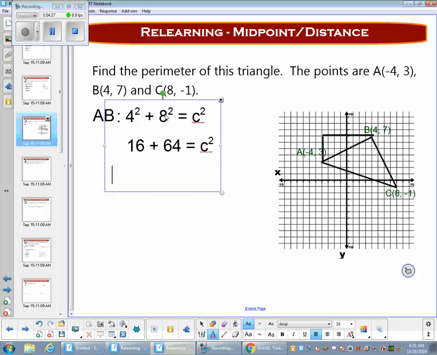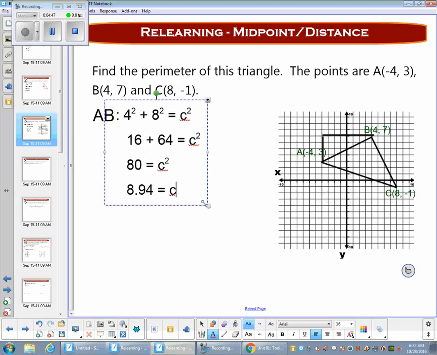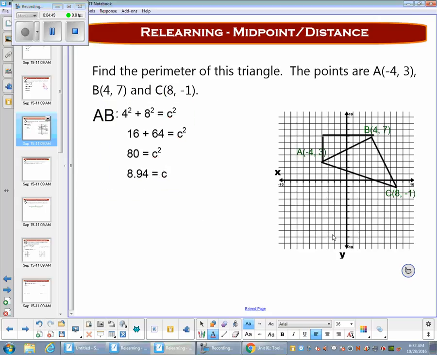And that's going to bring us to 80. And now I take the square root of 80. That's going to be like 8.9. The square root of 81 is 9, and the square root of 80 is 8.94, pretty close to 9. All right, that's my AB.